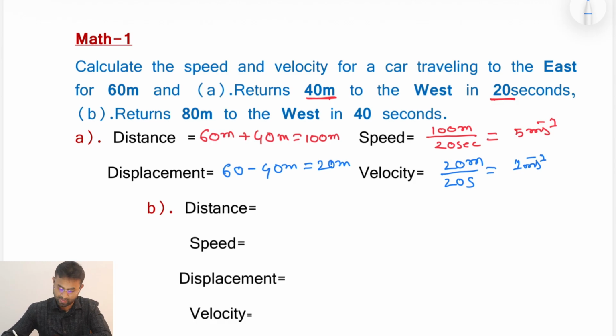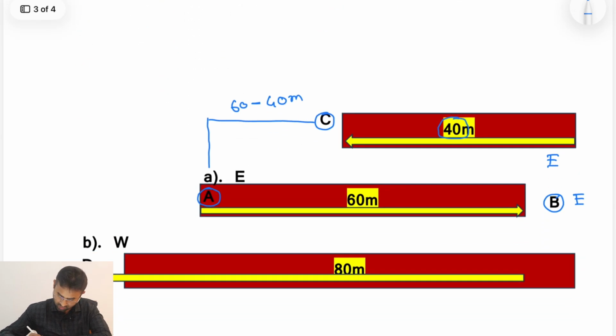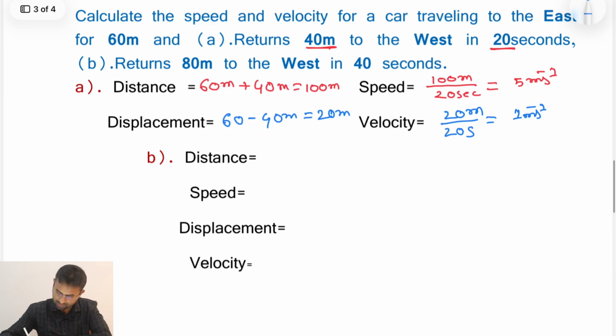And we know that velocity has both magnitude and direction. Here magnitude is 1 meter per second, but what is the direction? If we notice here, we will see that the end point is to the east of the starting point. So the direction will be to the east.